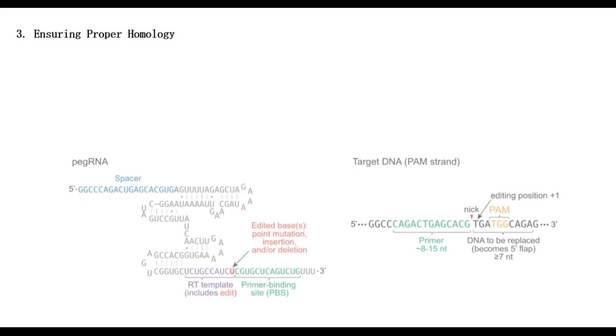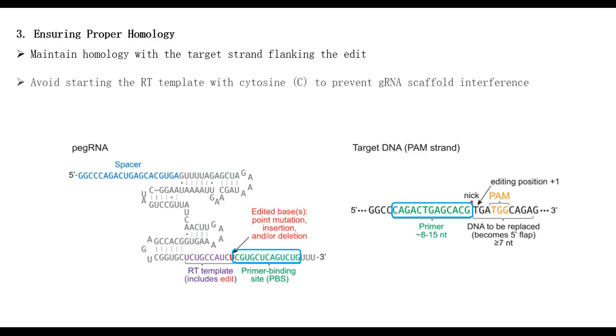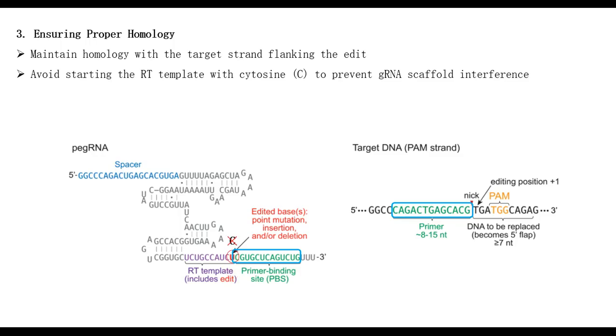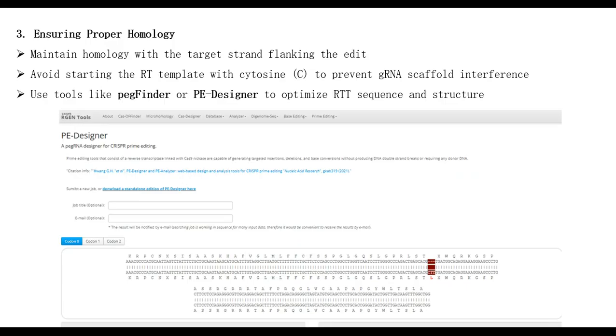Third, ensuring proper homology. The template must maintain strong homology with the target strand flanking the edit. Avoid starting the RT template with cytosine, as this can interfere with the gRNA scaffold. Tools like PegFinder or PE-Designer can be used to optimize both the sequence and structure of the RTT.